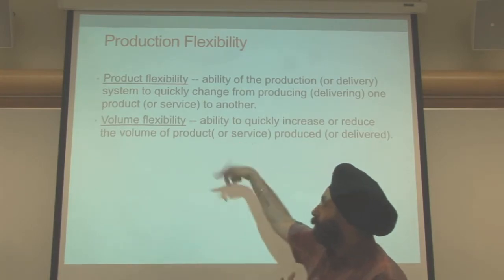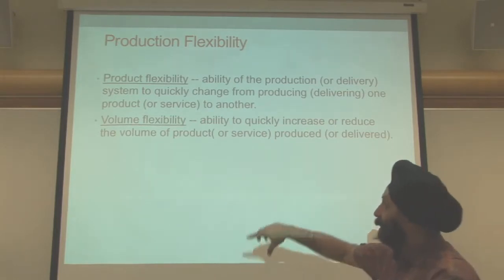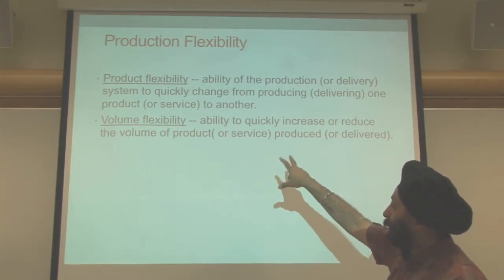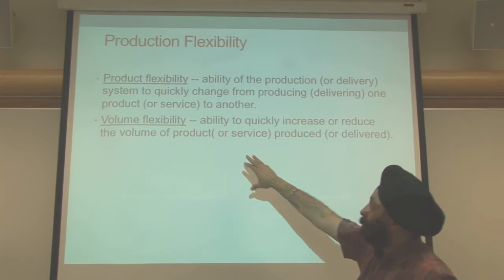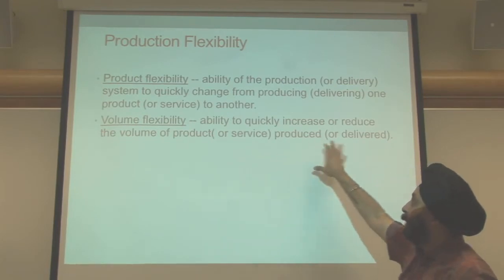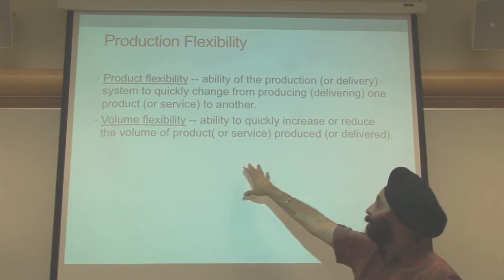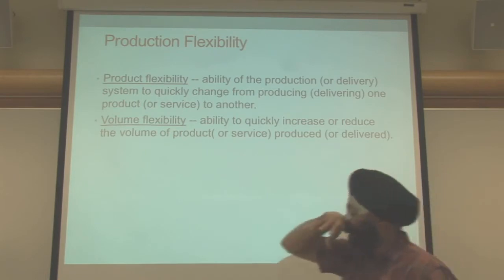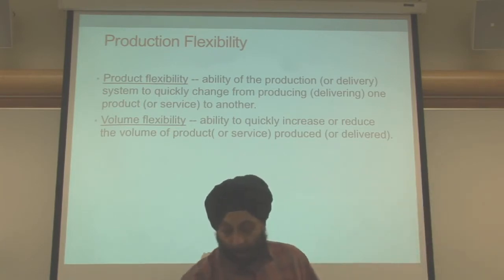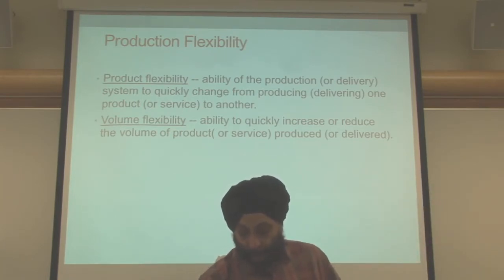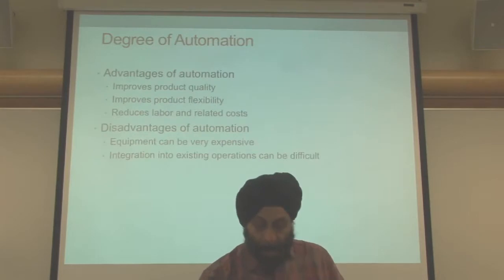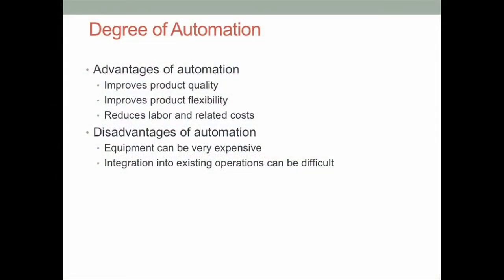So there are two different types of flexibilities that are measured in a company. Volume flexibility is the ability to quickly increase or reduce the volume of the product or service produced or delivered without hurting their bottom line.